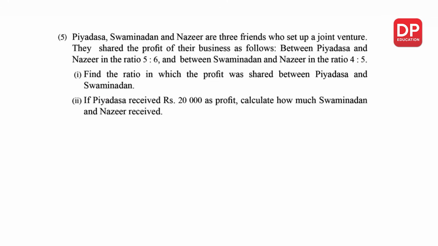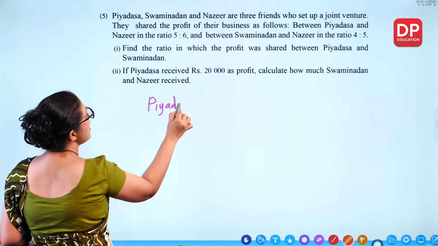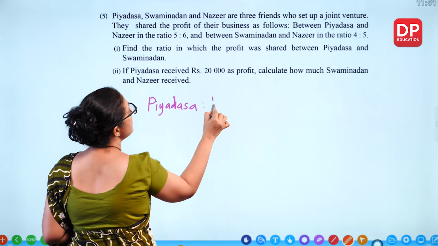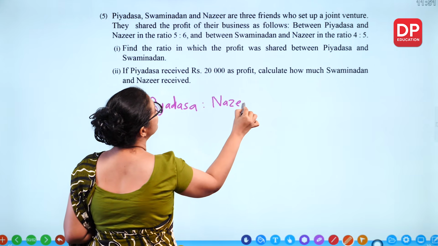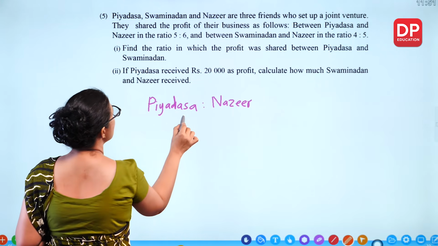Question number 5. Piyadasa, Swaminathan and Nazir are 3 friends who set up a joint venture. They shared the profit of their business as follows. Between Piyadasa and Nazir, the ratio is 5:6.